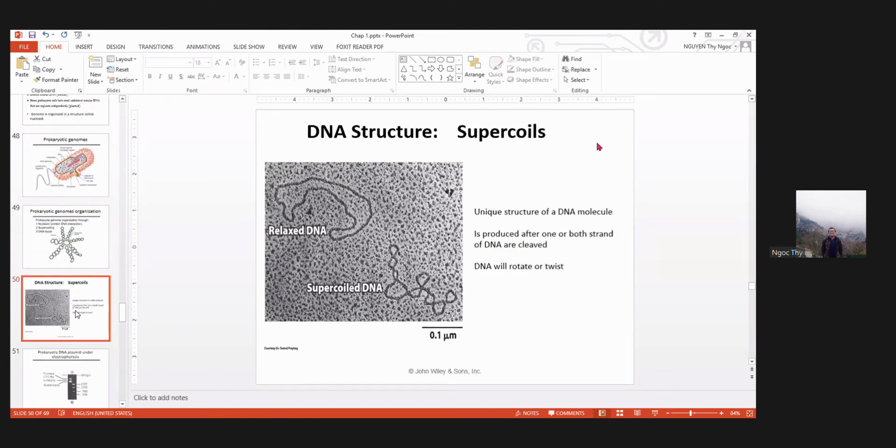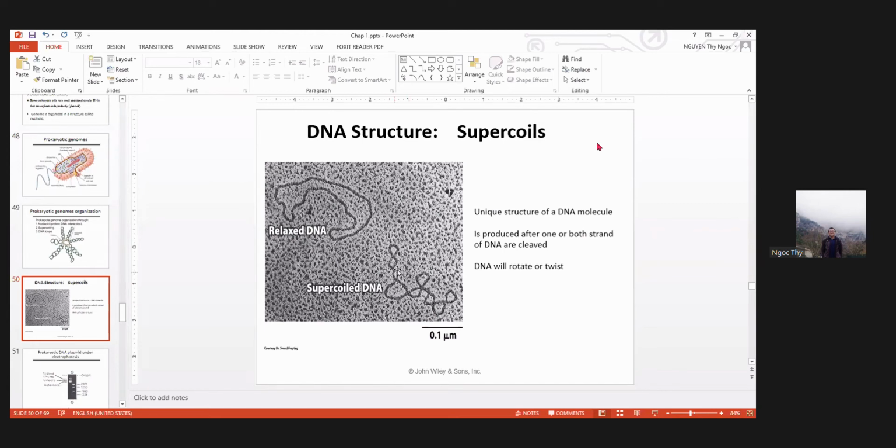It has two shapes. One shape is relaxed DNA, which is not twisted at all. The other shape is supercoiled DNA, where you can see the DNA fragment is twisted maximally, making it easier to divide in the cell cycle and easier to protect.